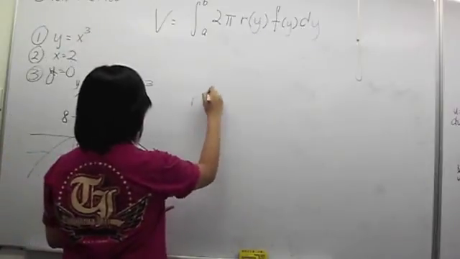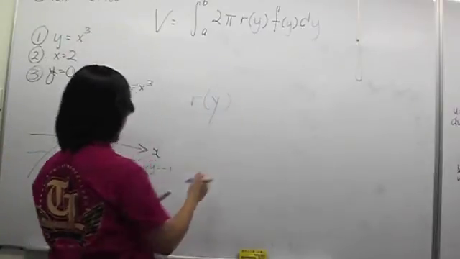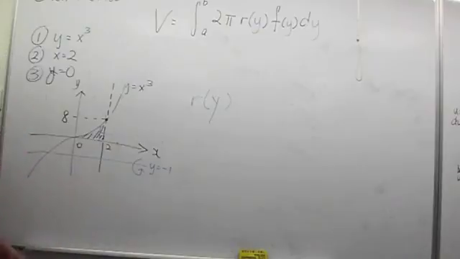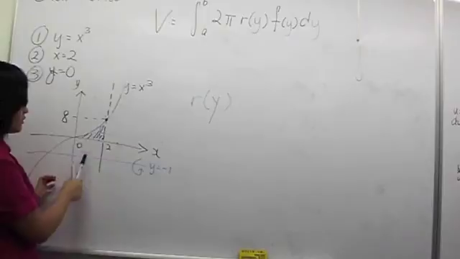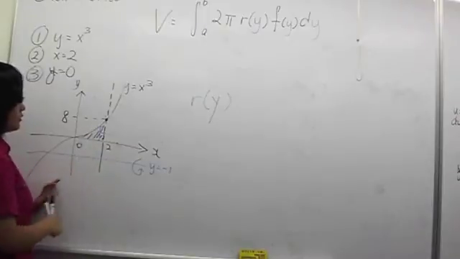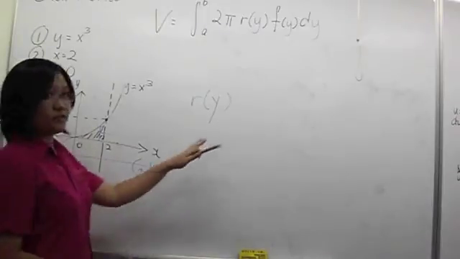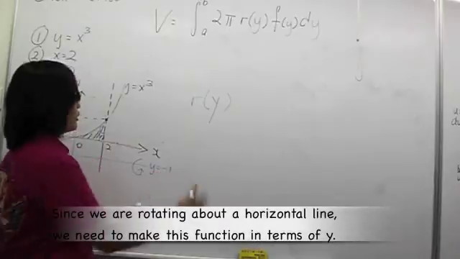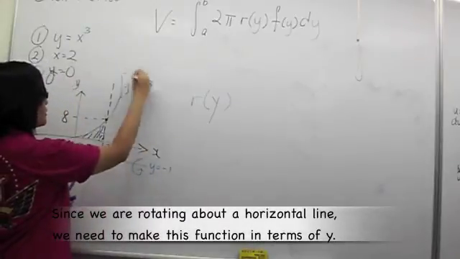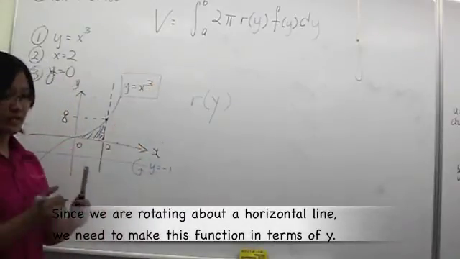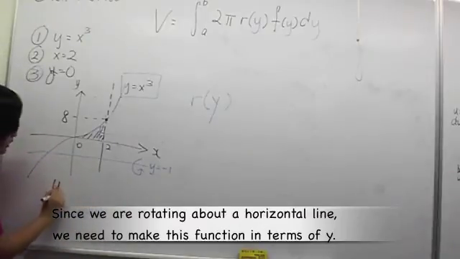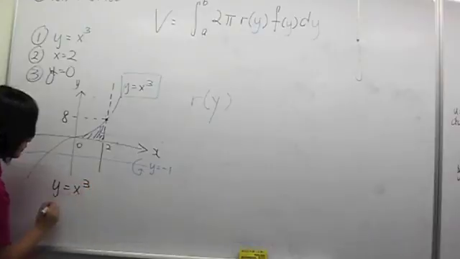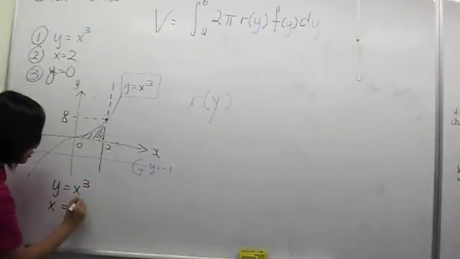Now let's find our radius, R(y). The radius should be from the line that you're going to revolve to the function. Since everything should be in terms of y, you should make this equation in terms of y as well. So, when y equals x cubed, x should equal the cube root of y.